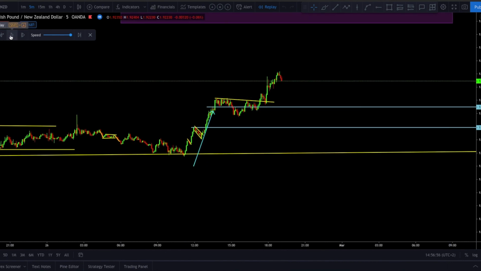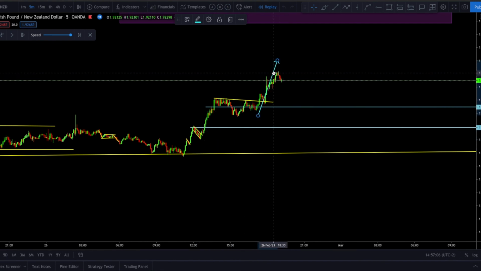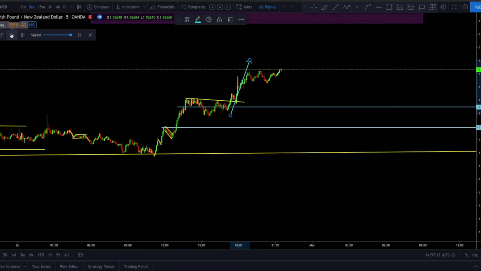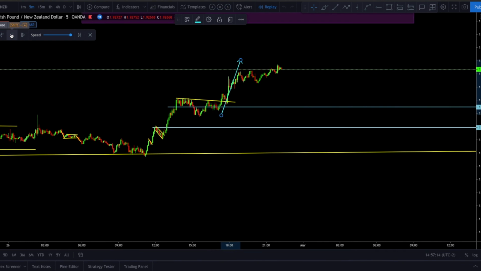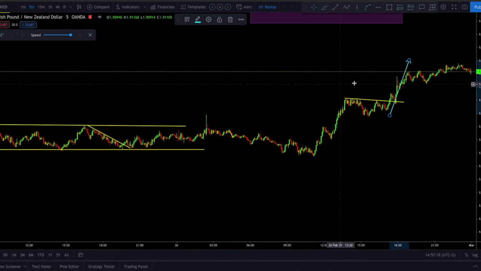Continue. Okay, now remember that I said your target is the 100% of this move. You take this, you project it, you put it here, then let's see if it's going to come there. Hopefully it's going to hit.